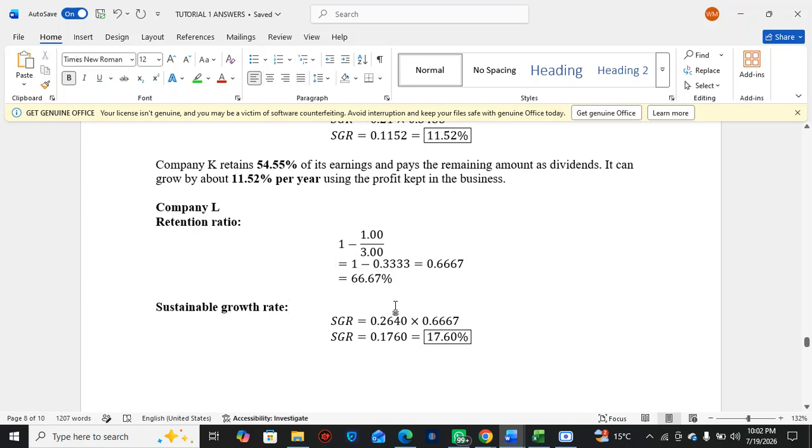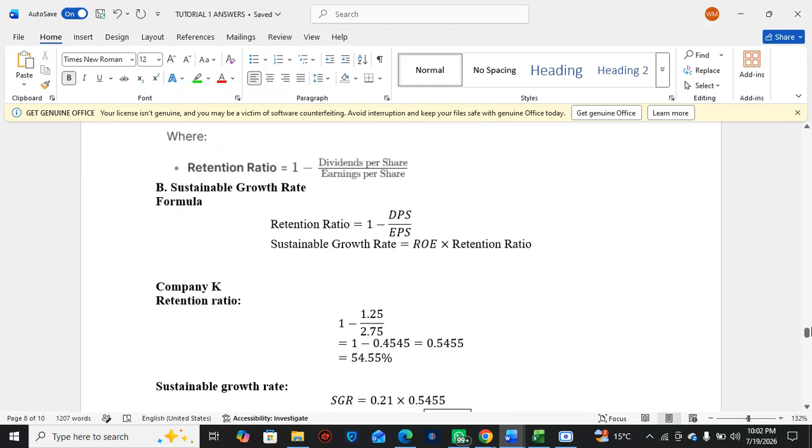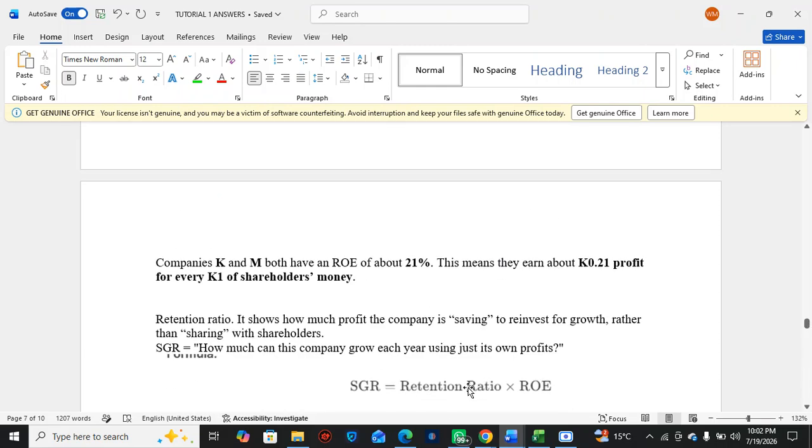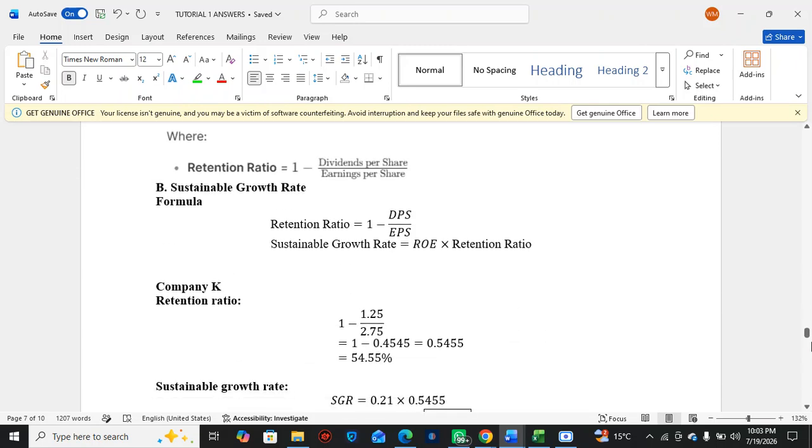So another factor that affects the sustainable growth rate is the return on equity. A high return on equity and a high retention ratio give a high sustainable growth rate. So these two factors basically, the more they increase, your sustainable growth rate increases. The more they decrease, your sustainable growth rate drops. Any questions, colleagues?